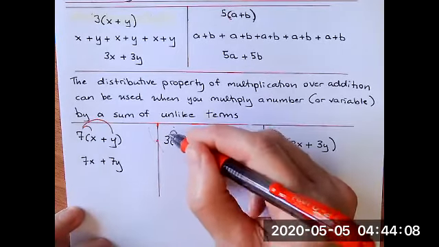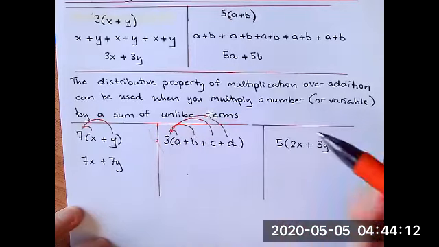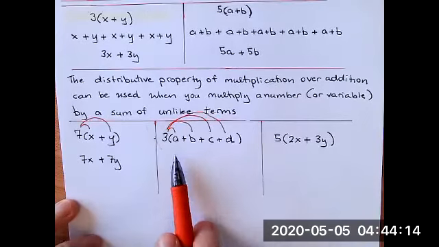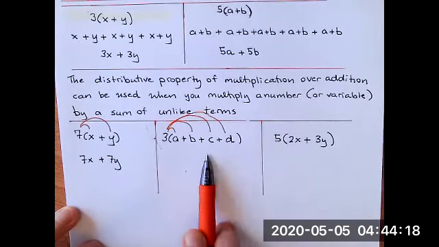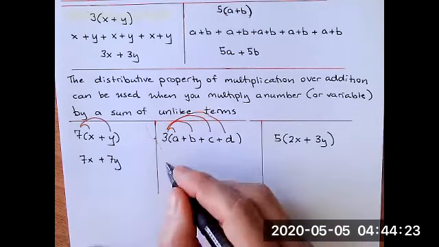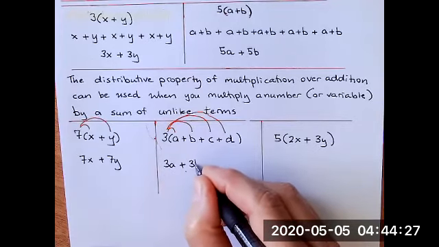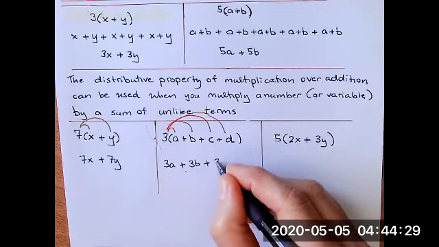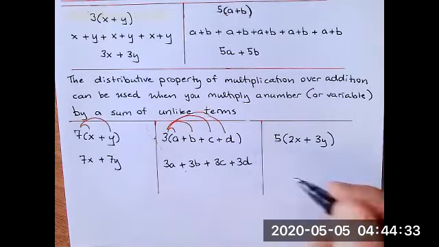You distribute that factor to every term on the inside. So if you wrote this all out, it would be a and b and c and d 3 times. So we get 3a, 3b, 3c, and 3d.